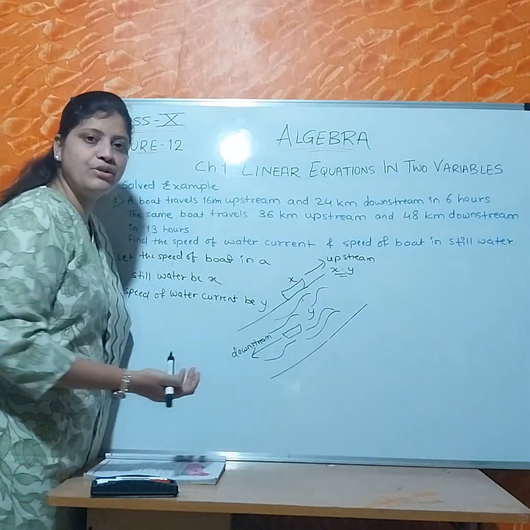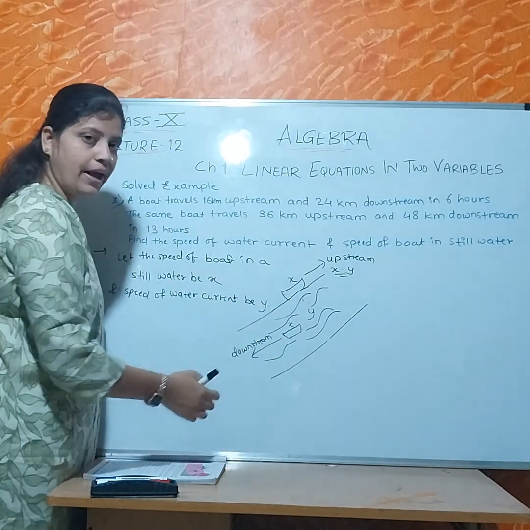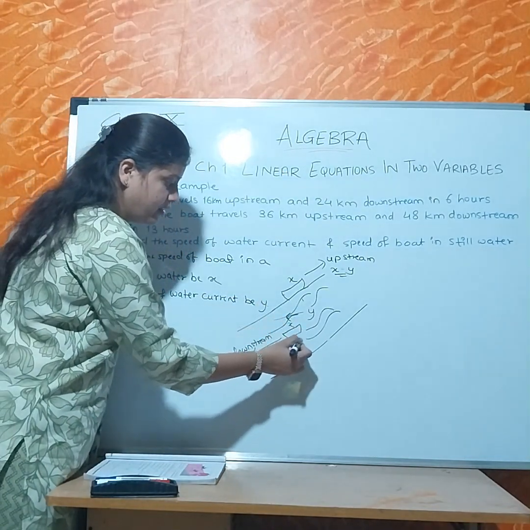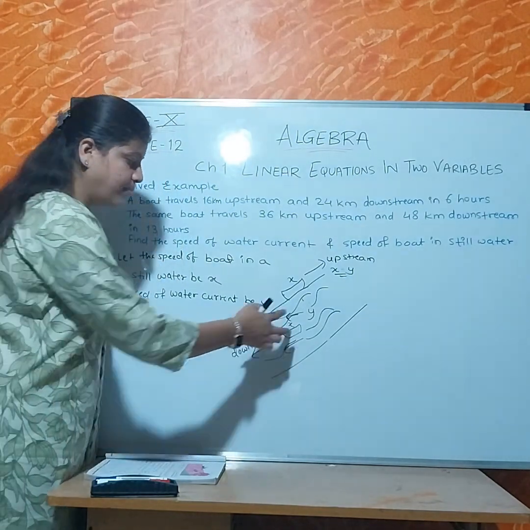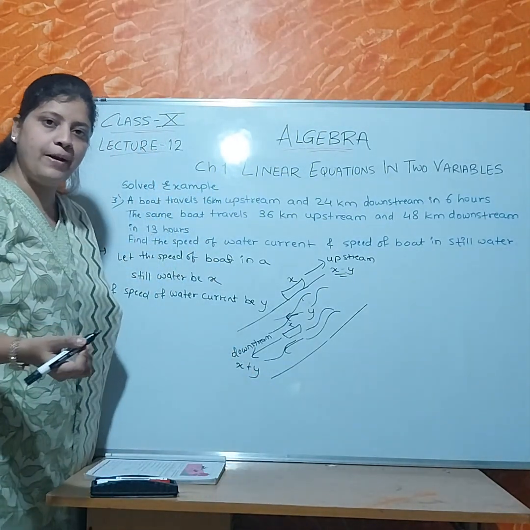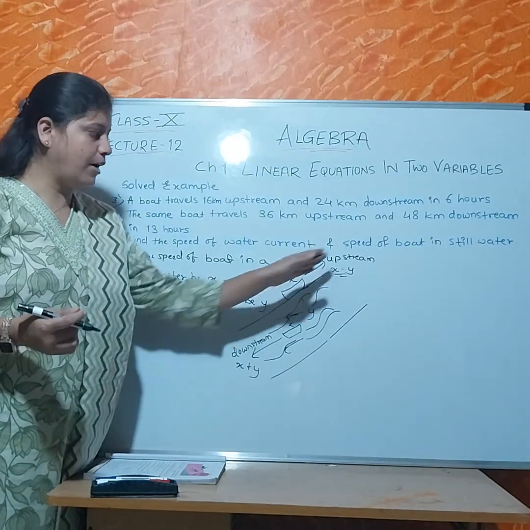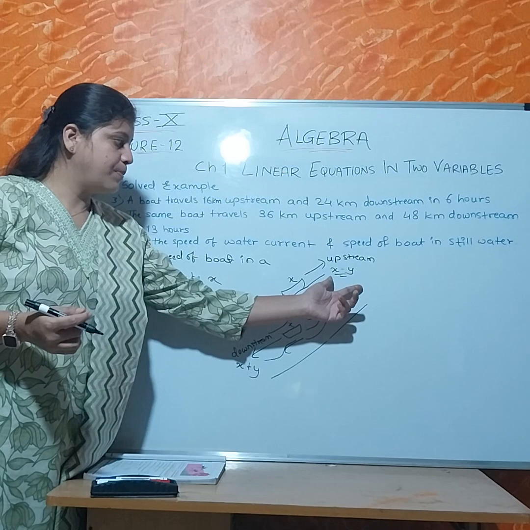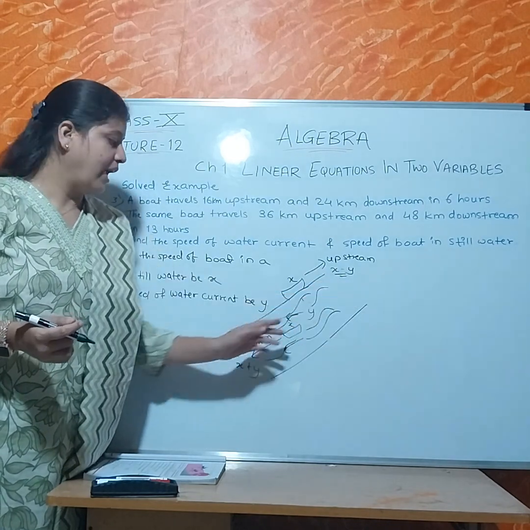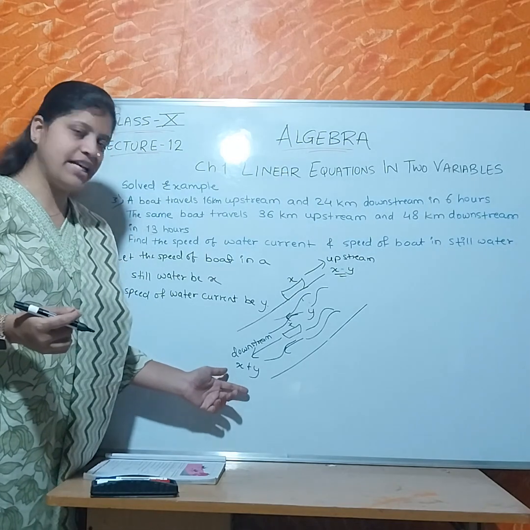Now next for downstream, if speed of boat is x and speed of water current is y, both are going in the same direction. As both are in the same direction, simply we will add both, x plus y. Understood? When the boat is going upstream, the speed will be x minus y, and when the boat goes downstream, the speed will be x plus y.